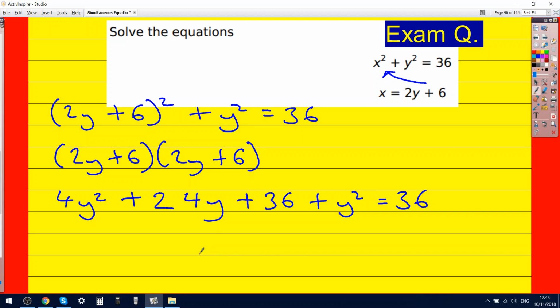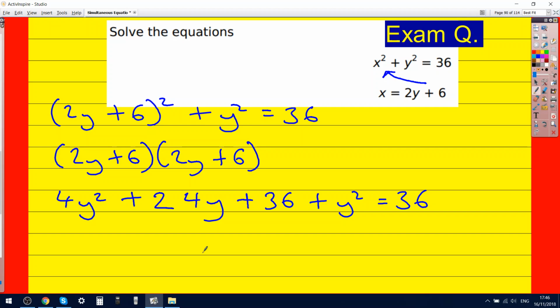Okay, how do we solve this? I'm going to just write that out. So then you can sort it out.